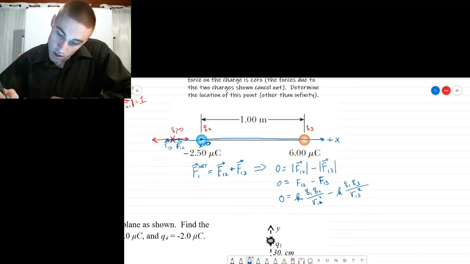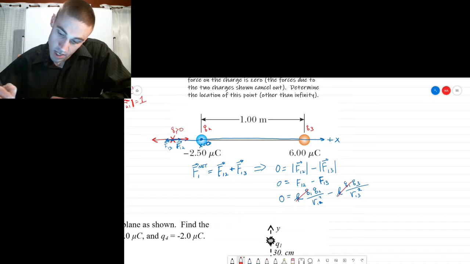And you'll note here that there's a K factor and a Q1 factor that's common between both of these. And on the left-hand side, it's 0. So I can divide through by KQ1 on both sides, right? The left-hand side will still be 0.